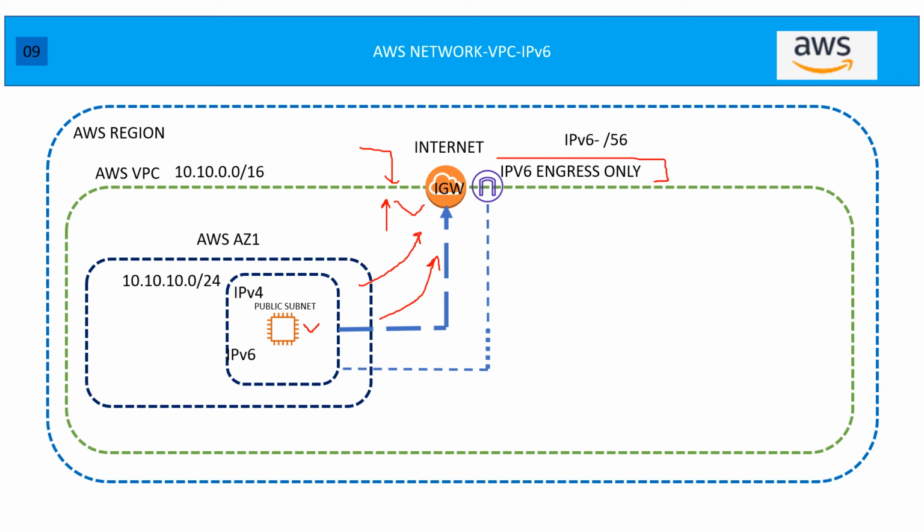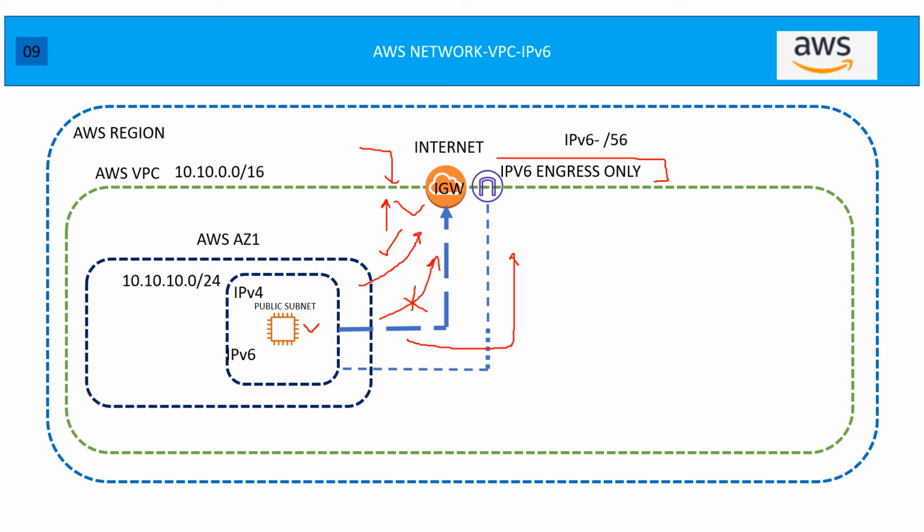Now I still want to redirect my IPv6 traffic away from IGW, which is this one. I'm not going to send any IPv6 traffic to IGW. Instead of that, I'm going to redirect IPv6 traffic to the egress only gateway.